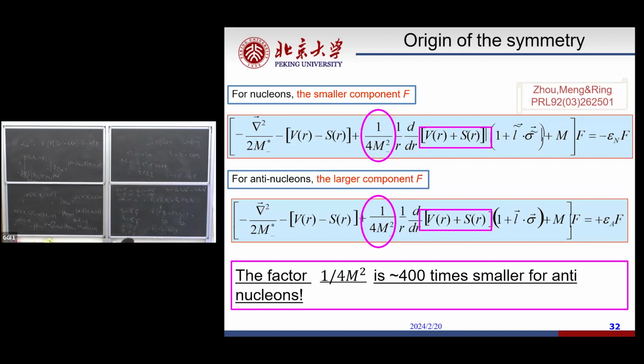If you neglect this term, this is how they break the pseudo spin symmetry. And for the antinucleons, this is the term which breaks the spin symmetry. You will find that this factor for the antinucleons is about 400 times smaller than for the nucleons. So you would expect that the spin symmetry in the antinucleon spectrum is even better.